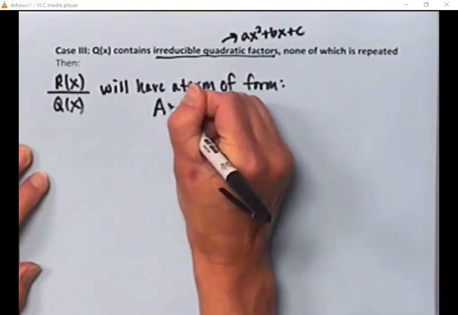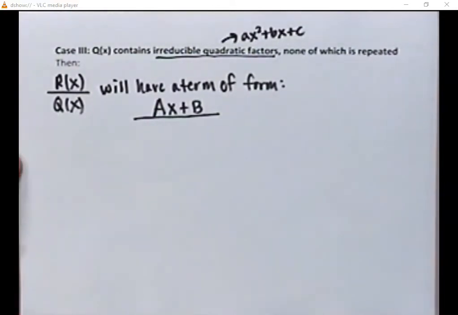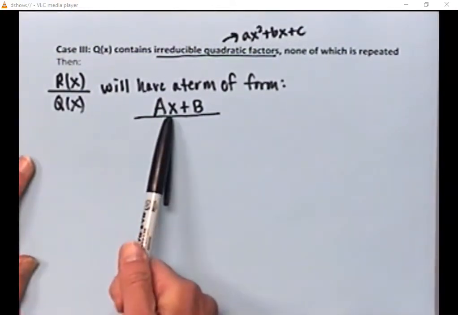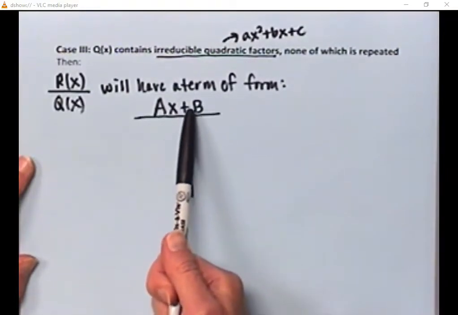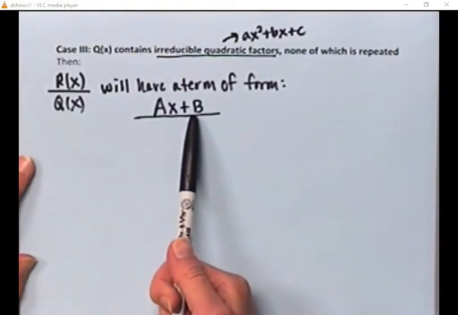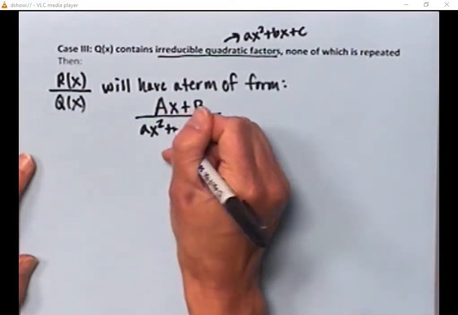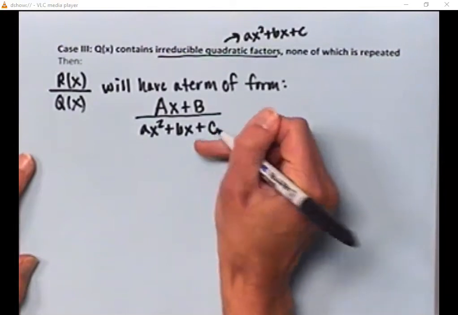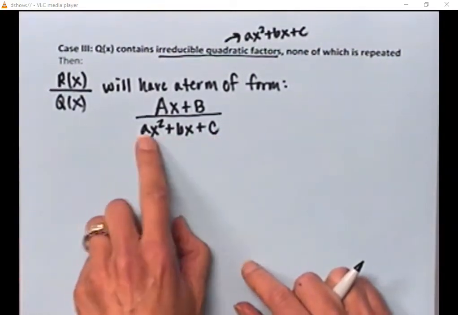Anytime it has a quadratic factor, what we now need to put in the numerator is the possibility of an x term. So if linear factors only have the possibility of a constant term on top, now a quadratic factor could have the possibility of an x term and a constant. Okay. So that's the difference when you have a quadratic factor.